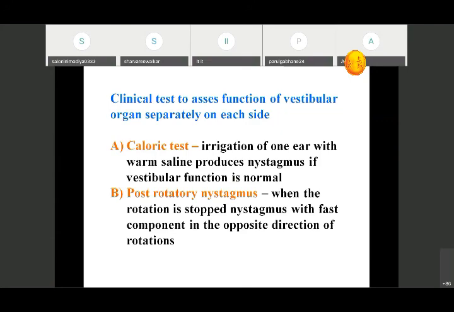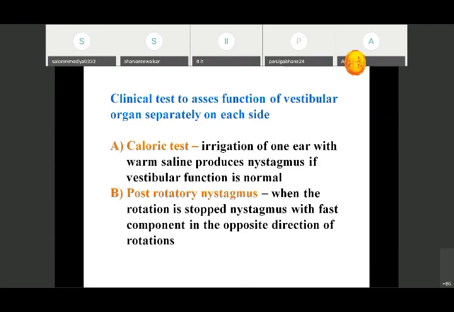When this saline is irrigated into the ear, it will produce nystagmus, that is the jerky movement of the eyeball, if the vestibular function is normal.